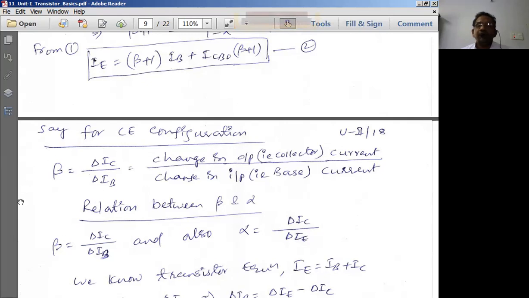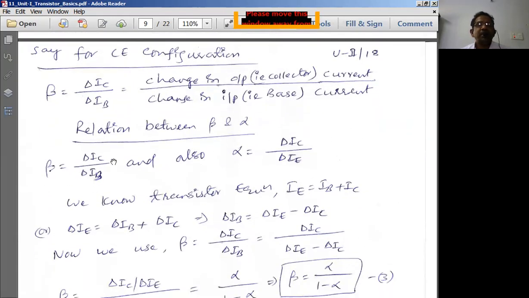So what is an amplification factor? It is output by input. In common emitter, the collector current is the output current and the base current is the input current. So beta is equal to delta IC by delta IB, where delta signifies change in the current: change in the output current by change in the input current.